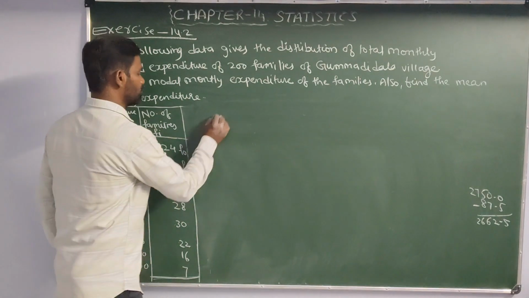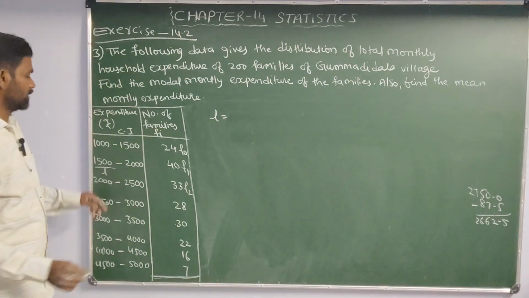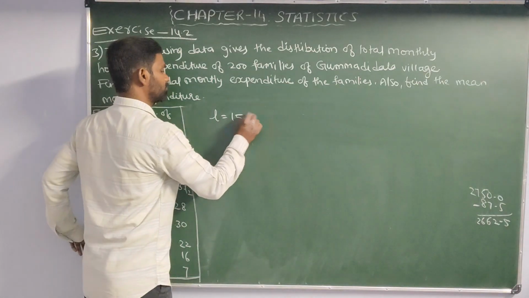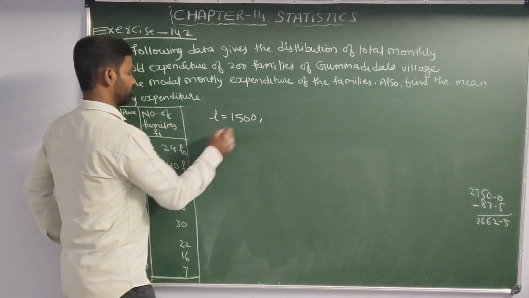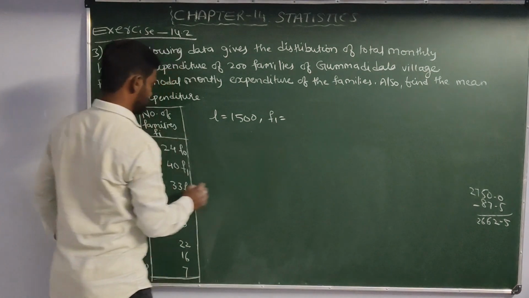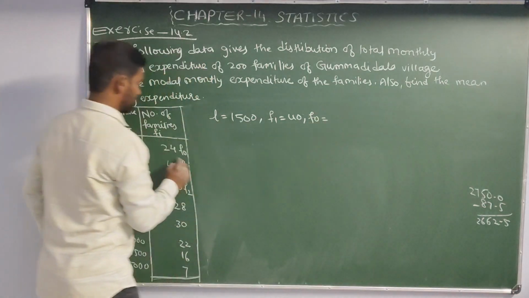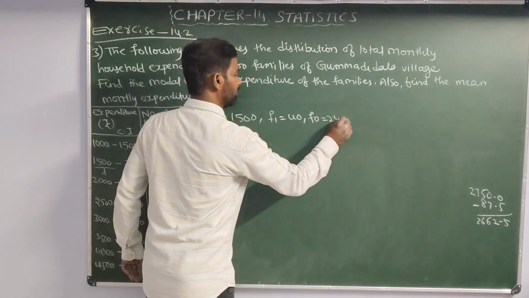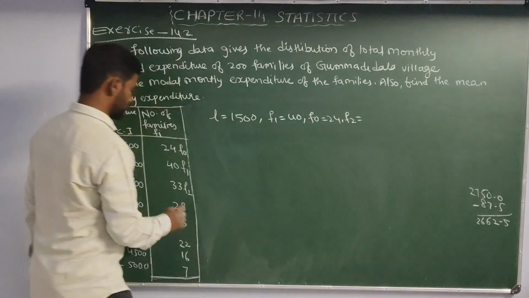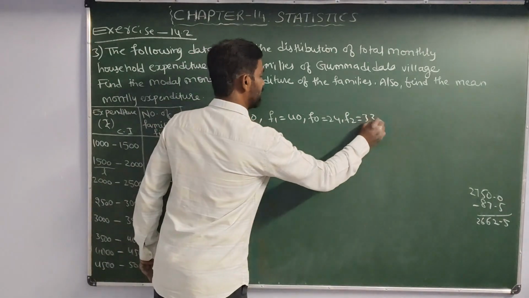Now write the values. Lower boundary L is equal to 1500. Next, F1. F1 is 40. Next, F0. F0 is equal to 24. And F2. F2 is equal to 33. Next, H value.